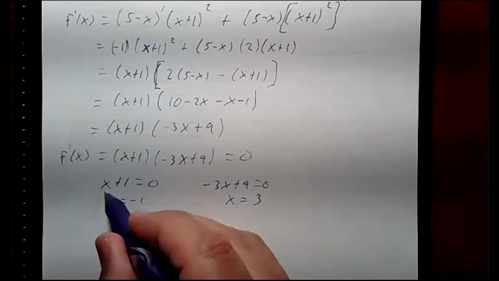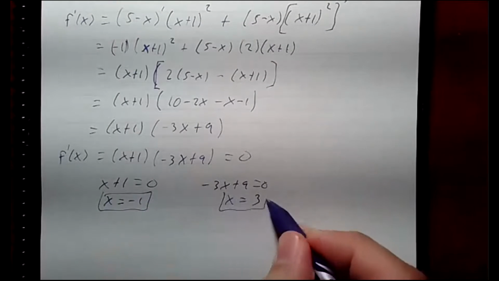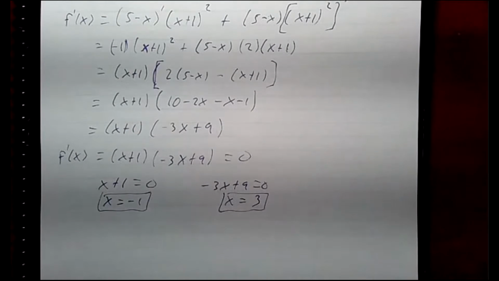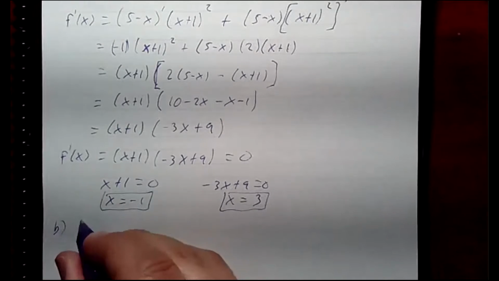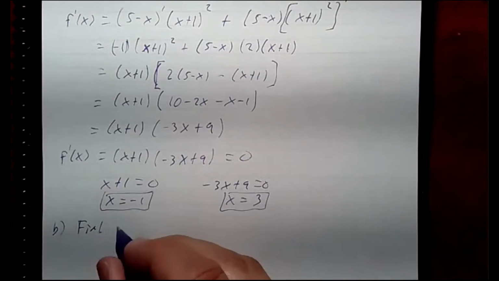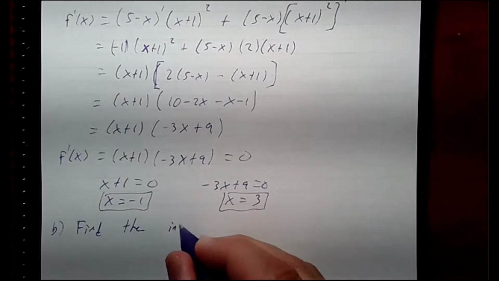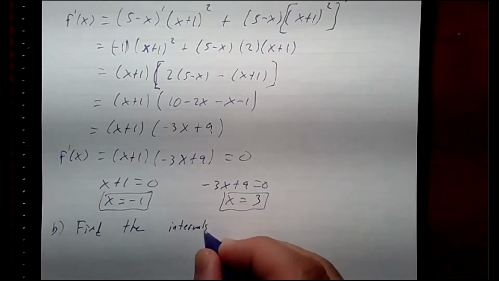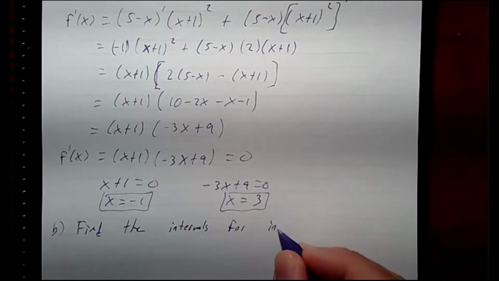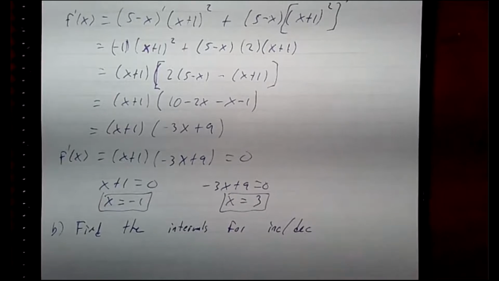So here are the critical numbers. Part B, find the intervals for increasing/decreasing.